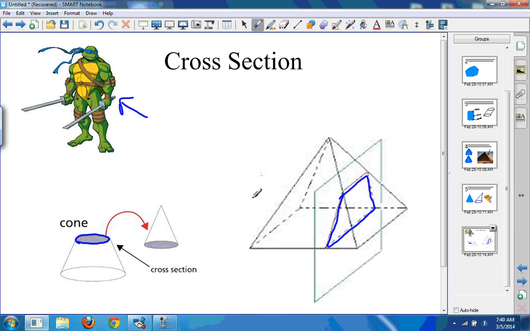If I cut a pyramid right through there, if you kind of think and visualize for a minute, the cross section should make a triangle. Or if I cut the top off perfectly like that, that cross section should make a square or a rectangle. And in class, we're going to make some shapes and take a look at the different cross sections that they make. All right, that's all for today. I'll see you guys in class.